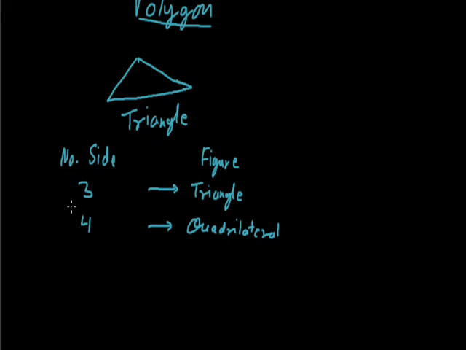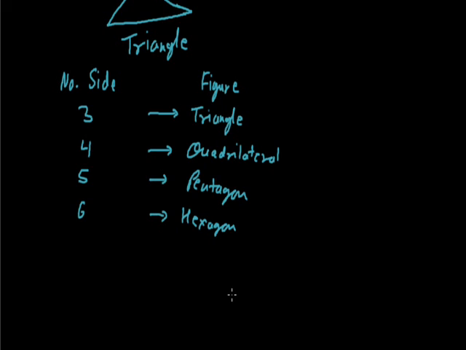Now, if a polygon has five sides, we name it pentagon. If a polygon has six sides, we name it hexagon. In the same way, if a polygon has seven sides, we name it heptagon.